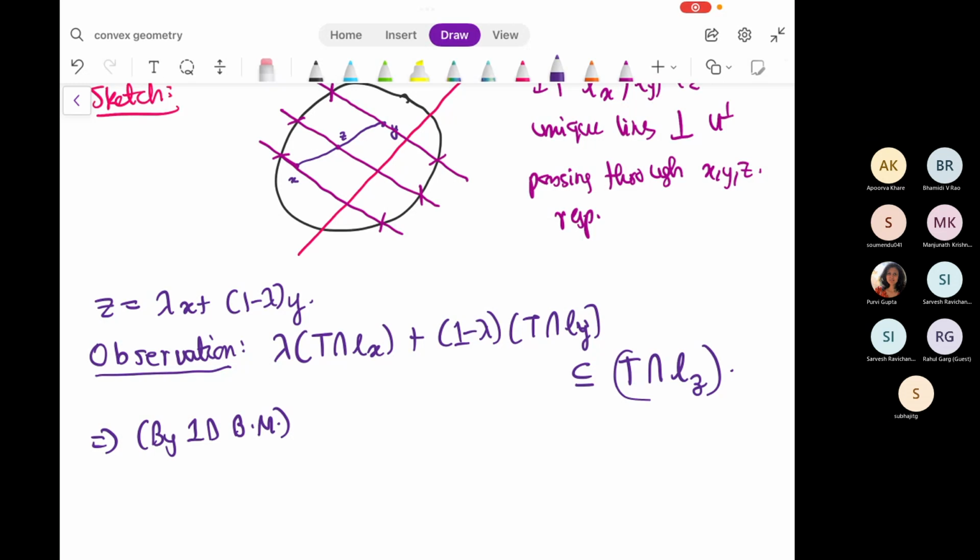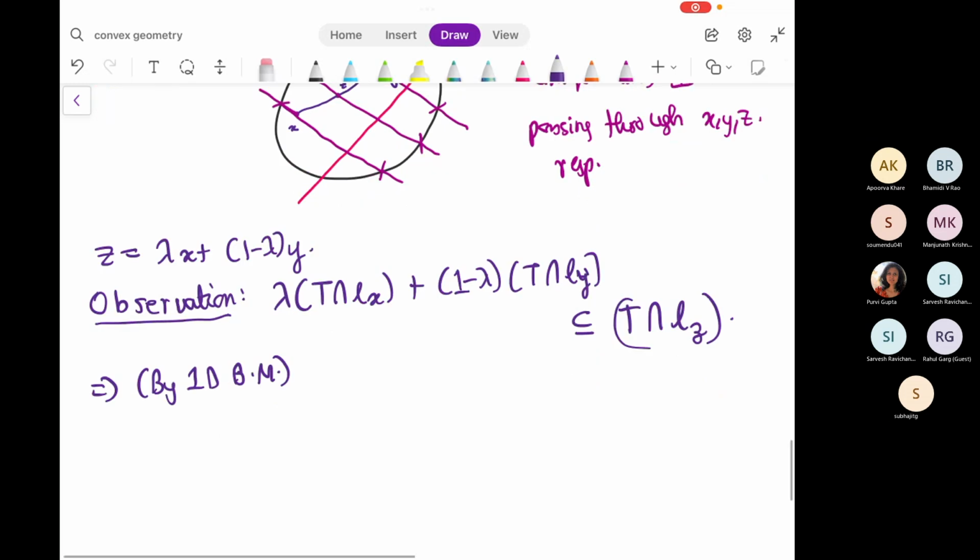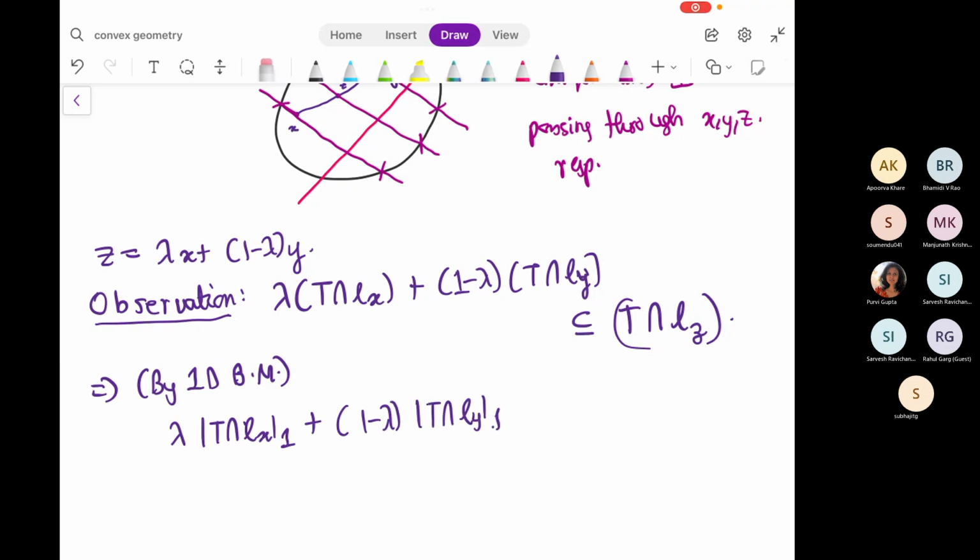So it becomes much easier that way to just directly approach open sets and then compact sets. So by the one-dimensional Brunn-Minkowski inequality, you will get that lambda times the one-dimensional volume of T intersection Lx plus 1 minus lambda times the one-dimensional volume of T intersection Ly is less than or equal to the one-dimensional volume of T intersection Lz. Right.